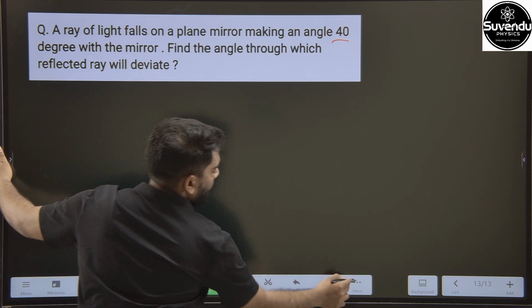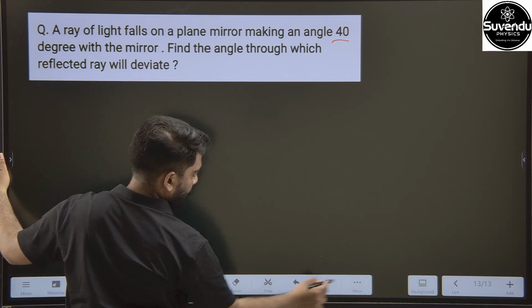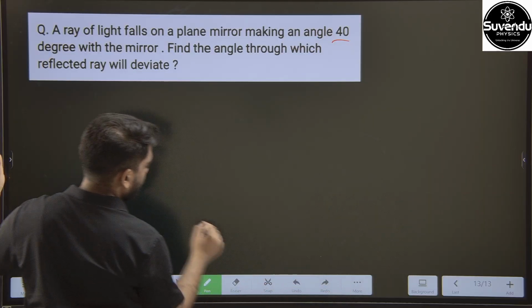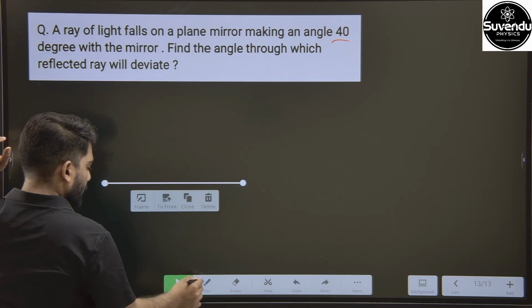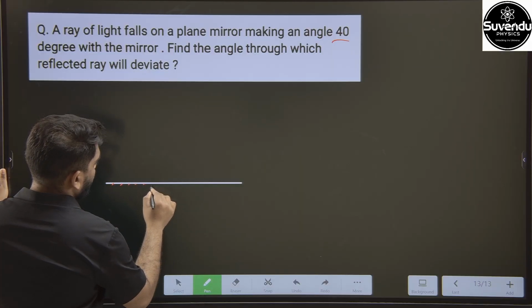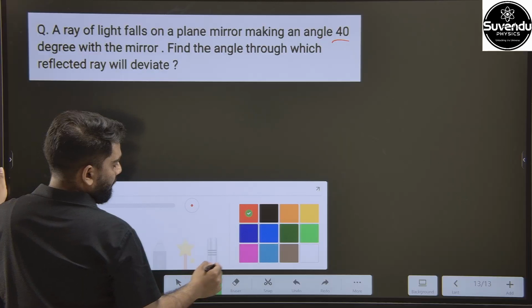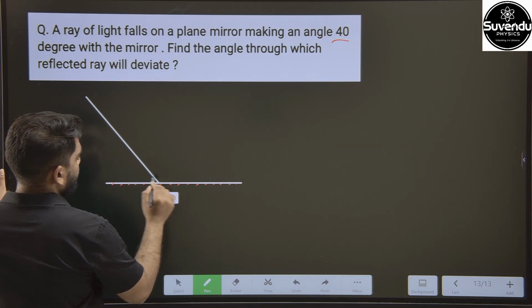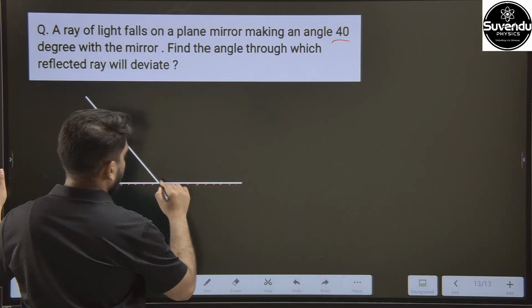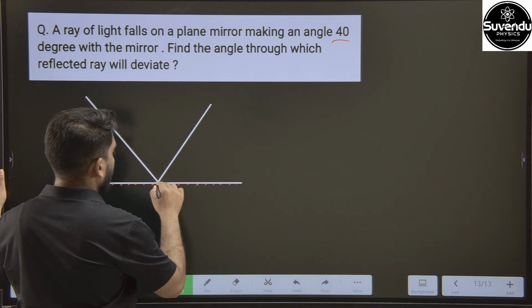That means if we draw the diagram, a simple diagram, look, this is our reflecting surface, this is our plane mirror. Then here consider the incident ray, next is our reflected ray, and at the point of incidence draw the normal.